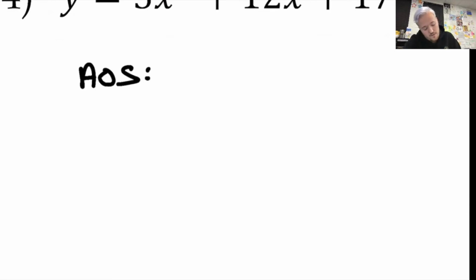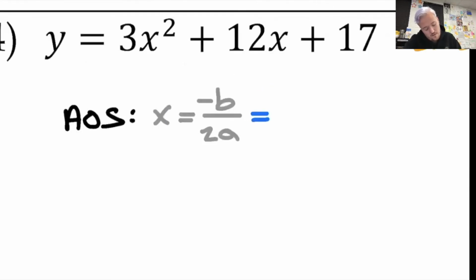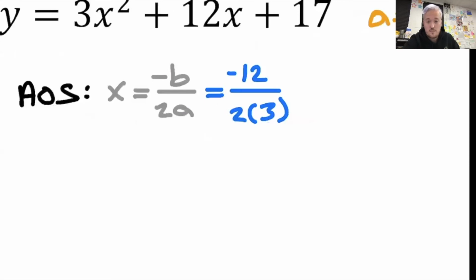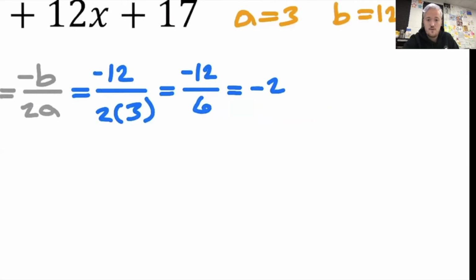All right, so x equals opposite of b all over 2a. So the opposite of b, which is -12, all over 2 times my a value. Now I want to simplify. So negative 12 all over 2 times 3, which is 6, which gives you a value of negative 2.